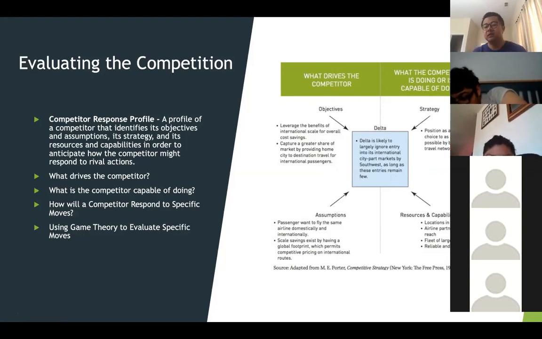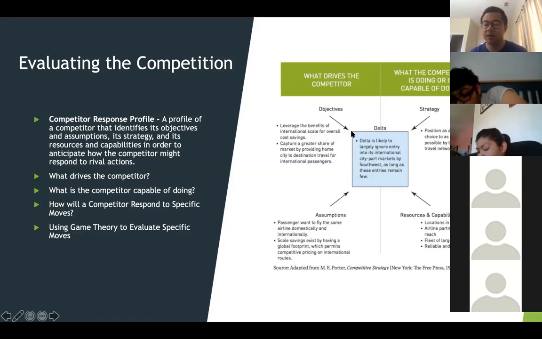This picture is based on Delta, because you are Southwest. You need to know what the competitor considers its competition.